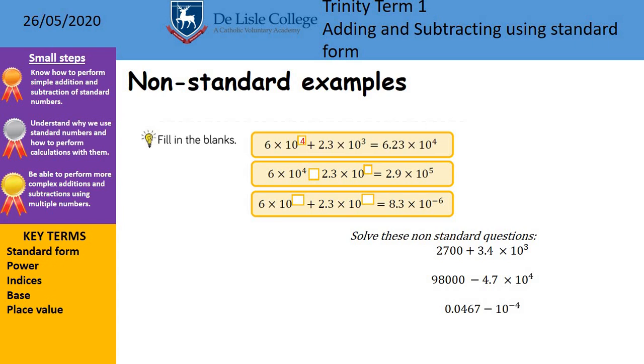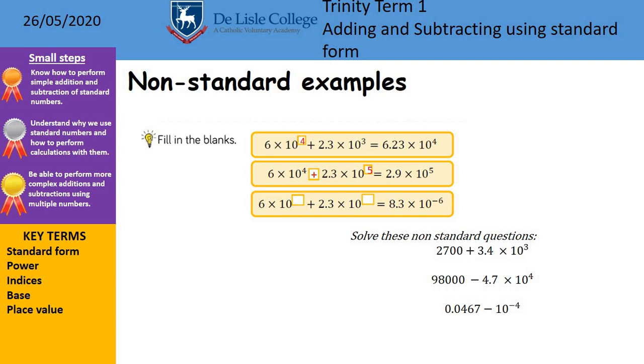So I'm thinking 23 and 6 makes 29, in which case we need to add those two numbers, and we need to arrange so that our 2.3 has a larger power of 10 than the 6 does to sort out the place value, so we need the 5.